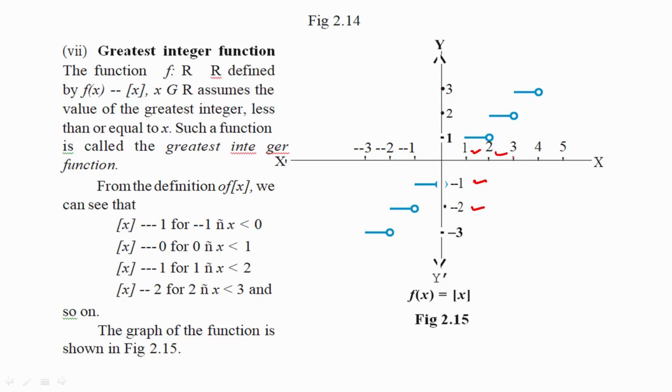So from this observation we will say that a function whose graph is not continuous at all the points is called a discontinuous function, and those points like x is equal to 1, 2, 3 here are called points of discontinuity.